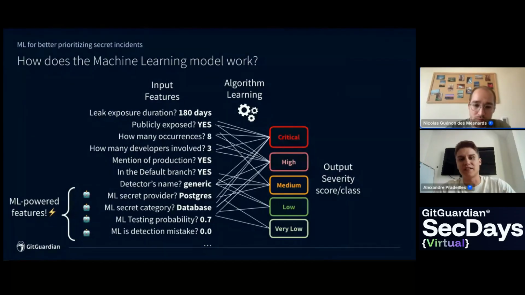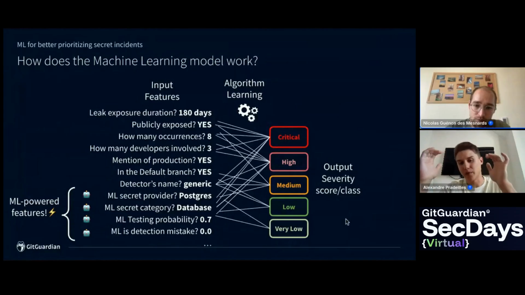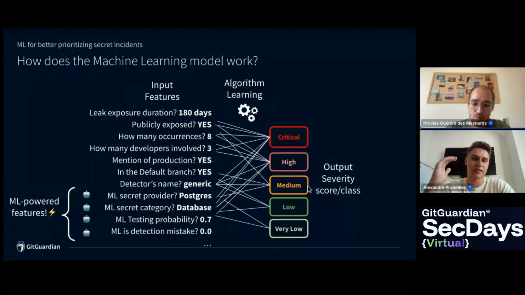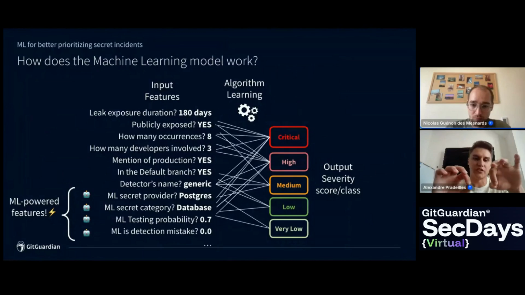And so we provide these input features to the algorithm on the one side, and on the other side, we have been able to annotate large data sets of secrets with their actual severity. It could be, okay, this one is critical, this one is a medium severity, this one is low, this one is green data searching, it's very low.